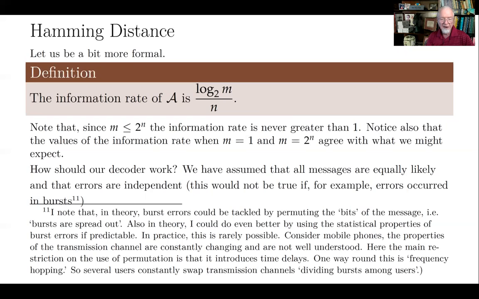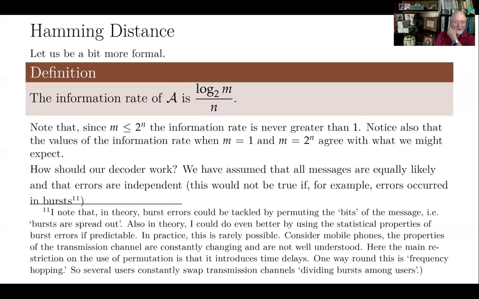Burst errors are ones where if you have one error, the next bit is also likely to have an error, and the one after that. And the length of the bursts would give you information about it, but that would basically break all of the coding.